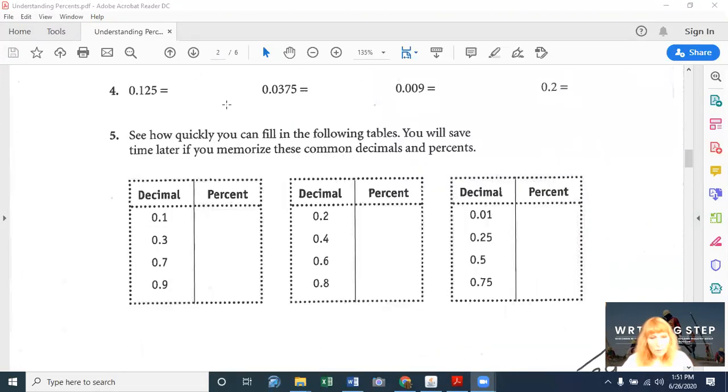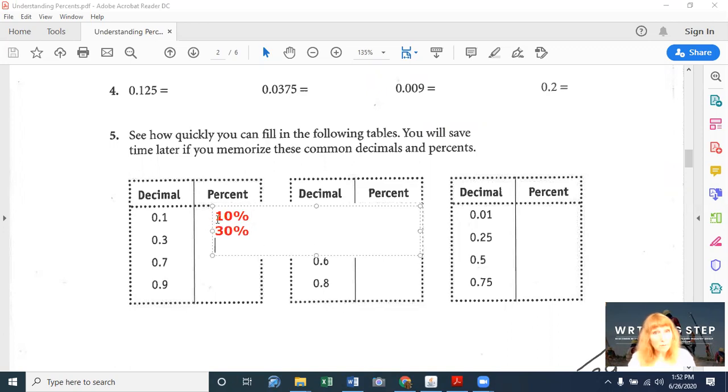what they want you to do is be able to quickly recognize how to turn a decimal into a percent. So you're going to just recognize some common percents. So 0.1 becomes 10%, 0.3 becomes 30%, 0.7 becomes 70%, and 0.9 becomes 90%.